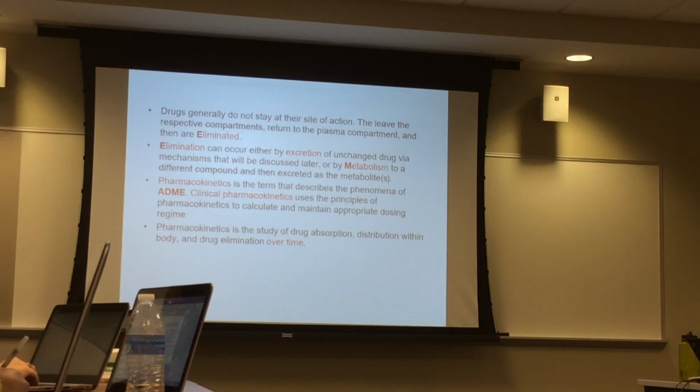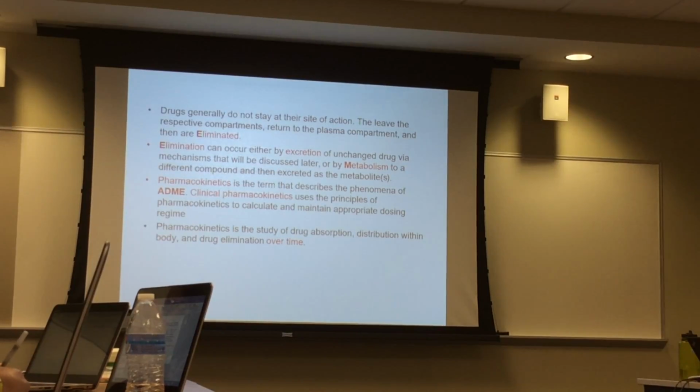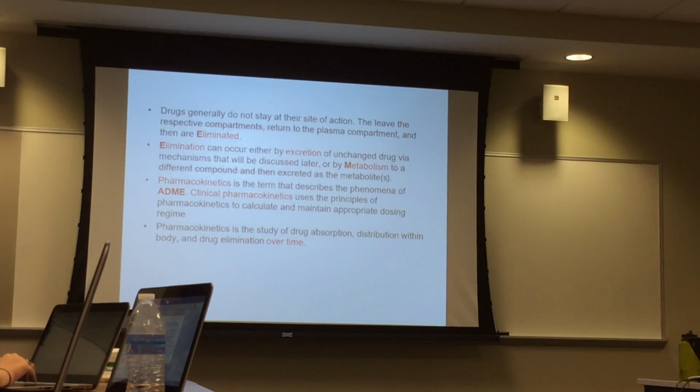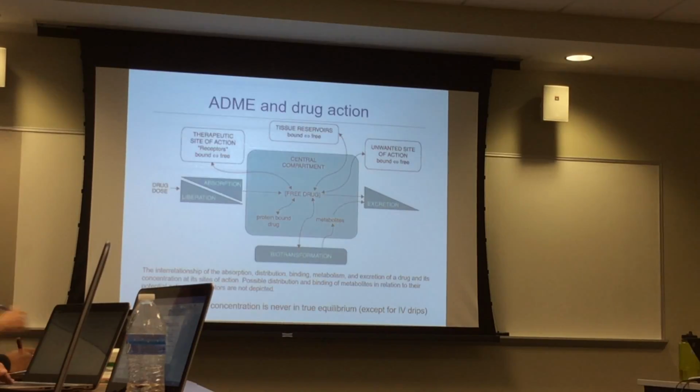So it can leave the body by multiple routes, but it has to be actually either excreted directly or eliminated via metabolism. So pharmacokinetics is the science that describes these four parts, the ADME phenomena, which is absorption, distribution, metabolism, and elimination.